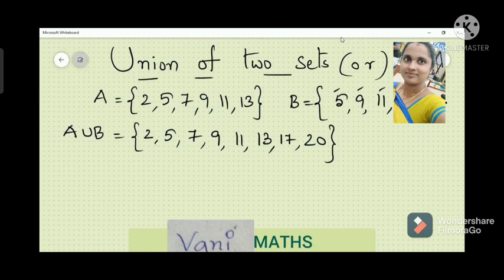So let us define the union of two sets. Definition of union of two sets. It is denoted by the cup symbol.